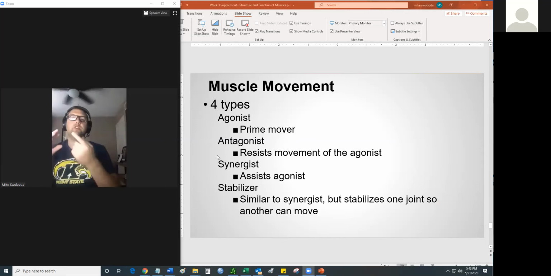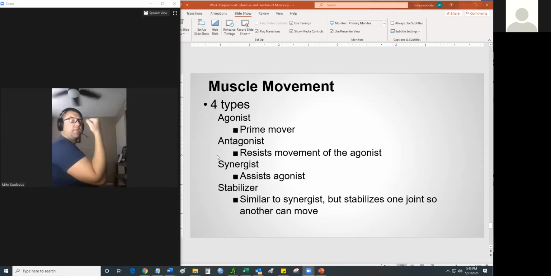So you have an agonist, an antagonist, a synergist, and a stabilizer. Your agonist is your prime mover. If I am doing a bicep curl, the muscle that moves my arm in this motion is my bicep. My bicep is my prime mover.